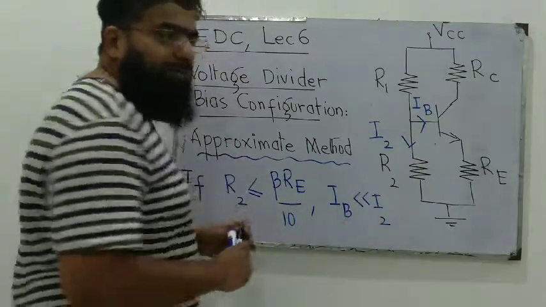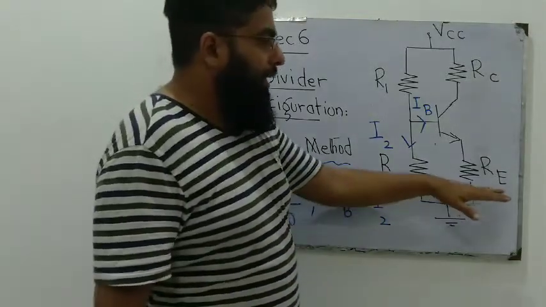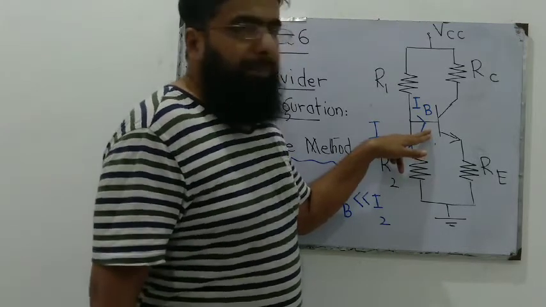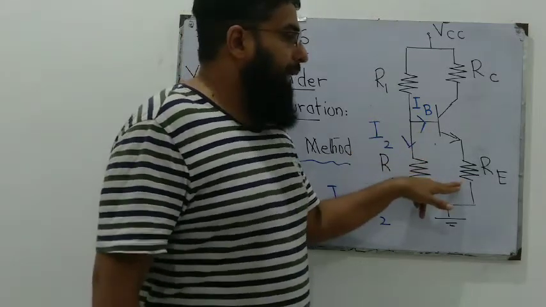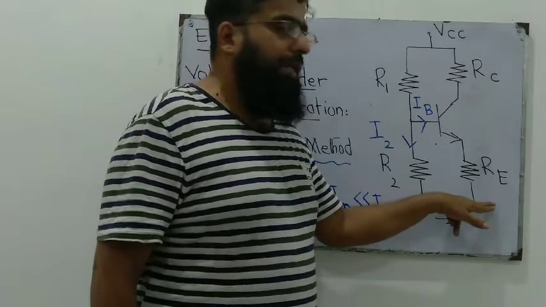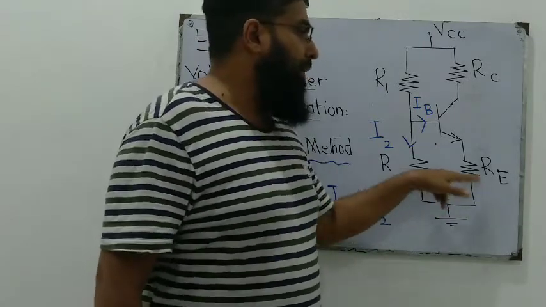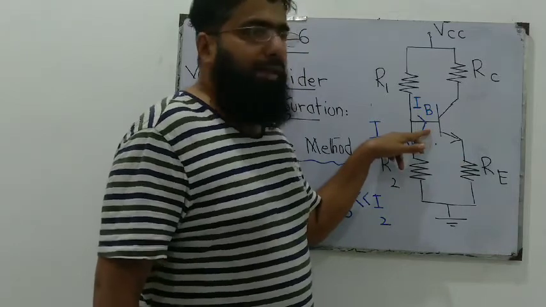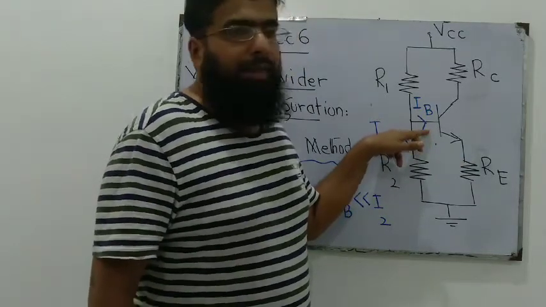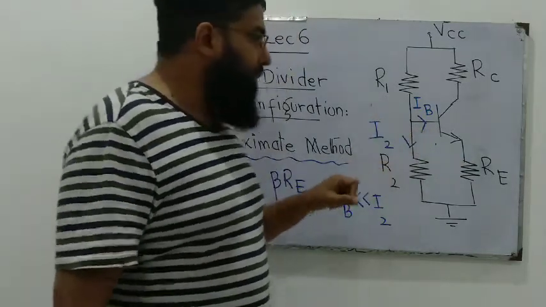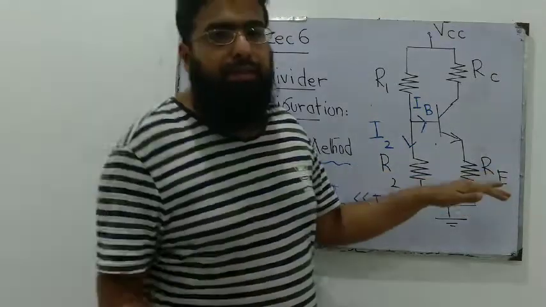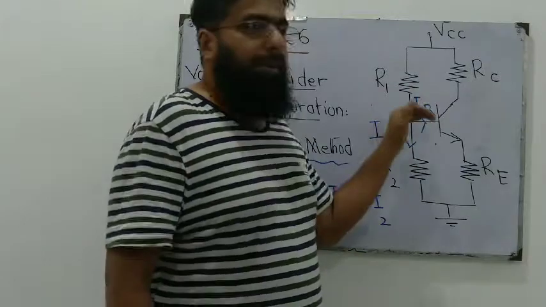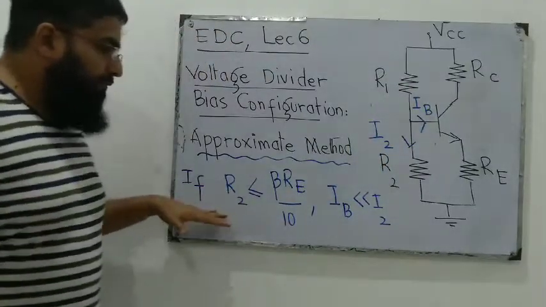We have already seen that the resistance that we can see at the base terminal is beta times the resistance at the emitter, Re. Beta Re is the resistance that can be seen by being present at the base terminal, because the emitter resistance is on the output side, and when you see it from the input side it is multiplied by beta.